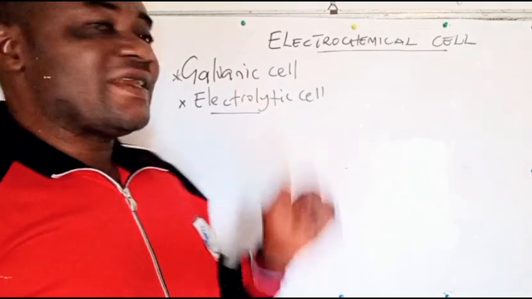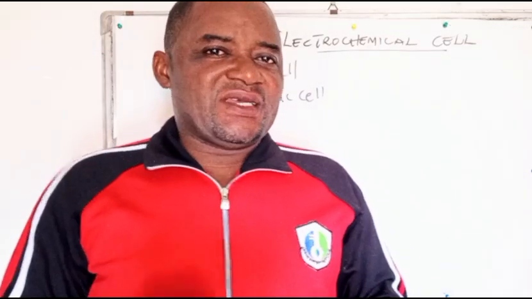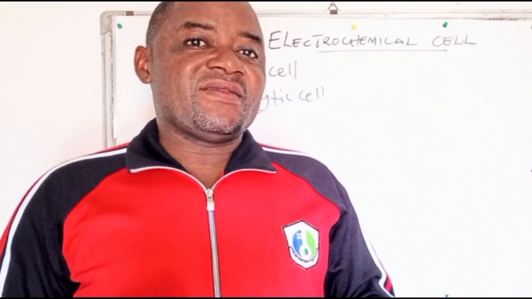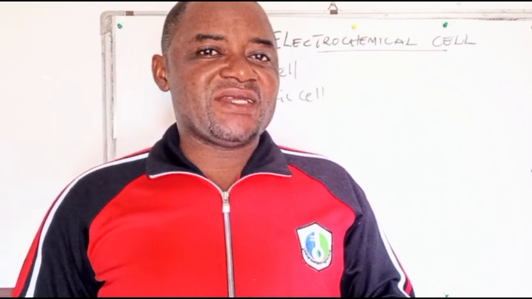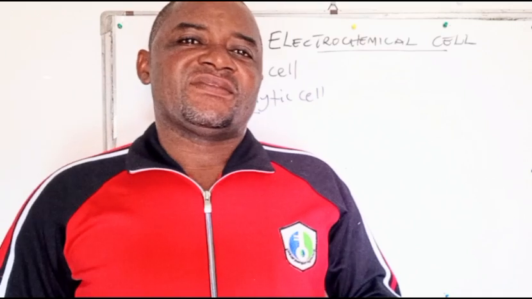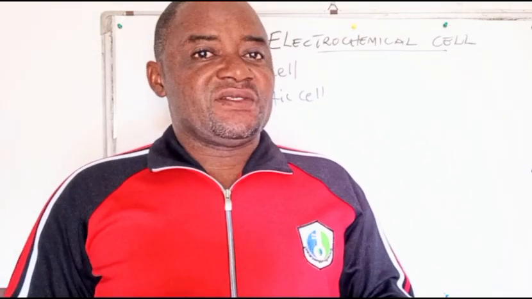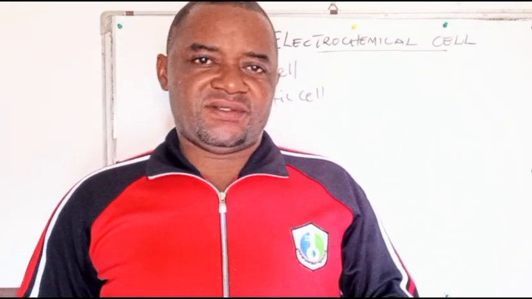For a galvanic cell, it makes use of the chemical reactions that take place in the cell to do what? To generate current or electricity. Which implies that redox reactions that take place here are all spontaneous.